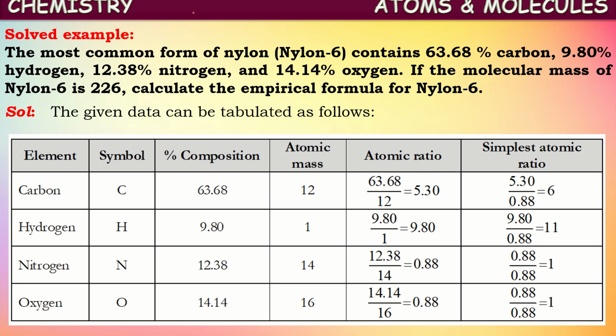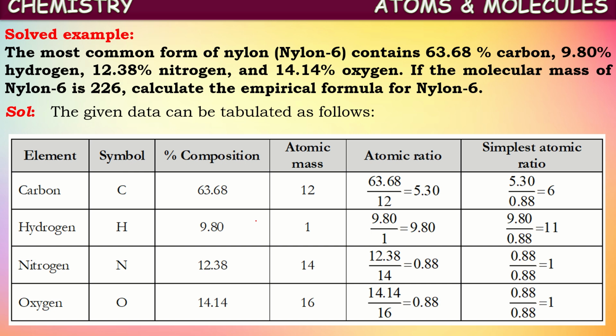See here, the most common form of nylon 6 contains 63.68% of carbon, 9.80% of hydrogen, 12.38% of nitrogen, and 14.14% of oxygen.